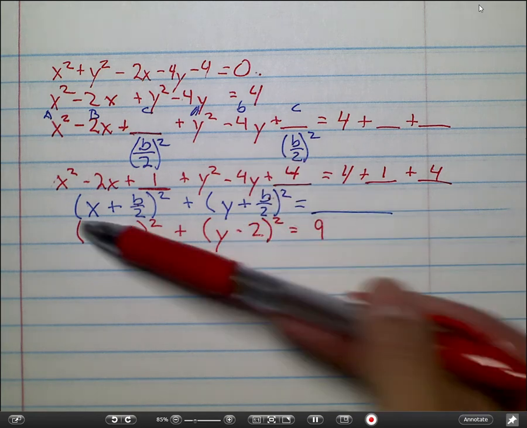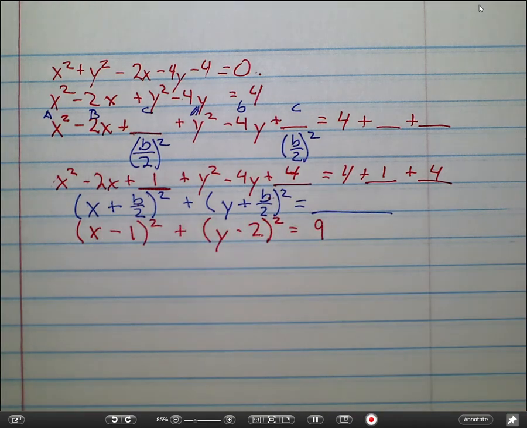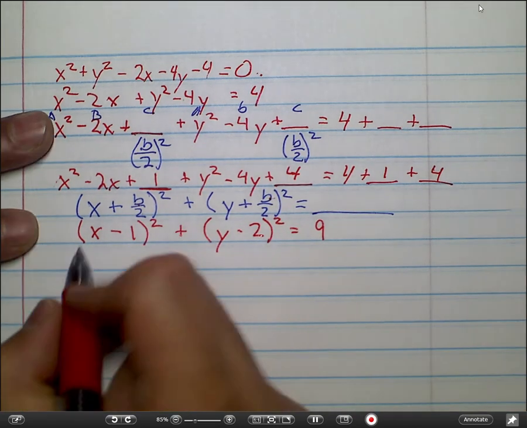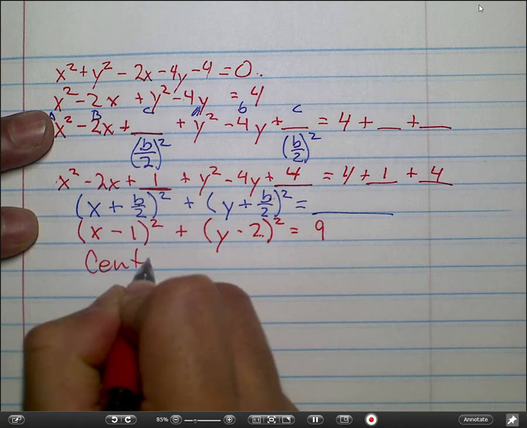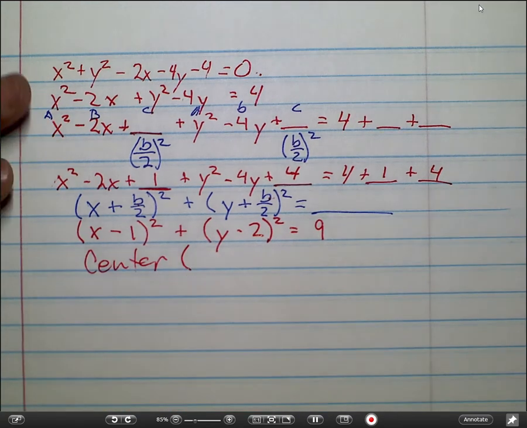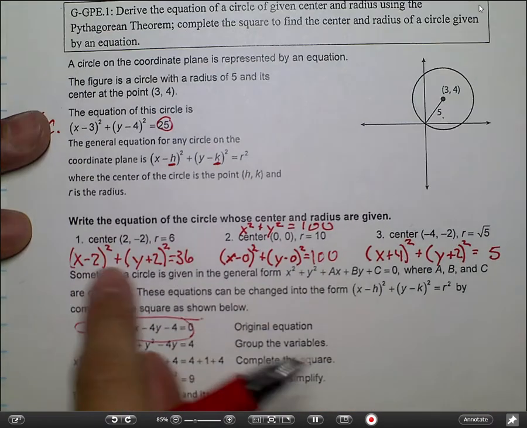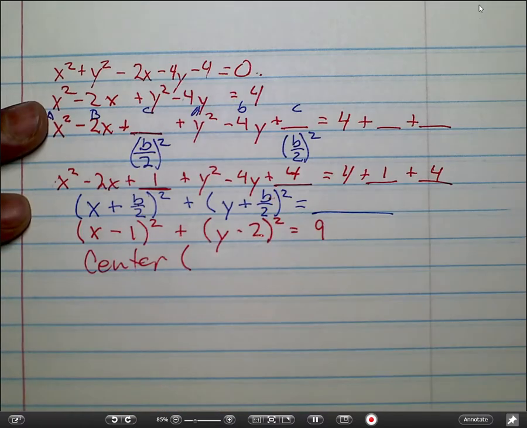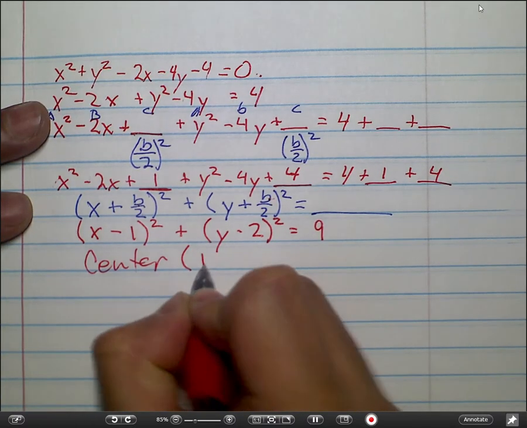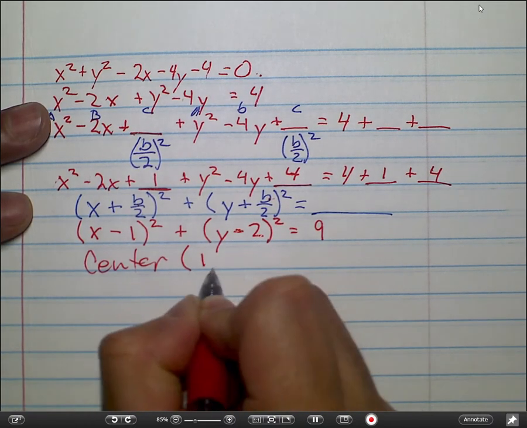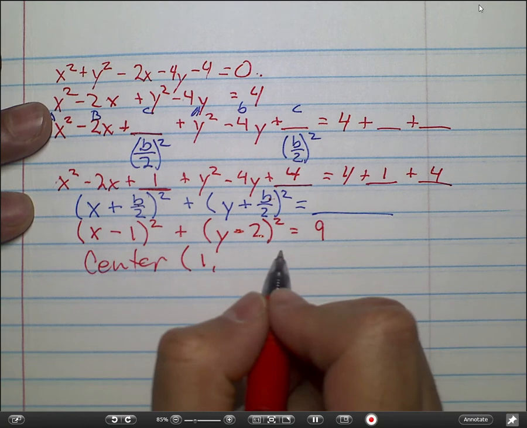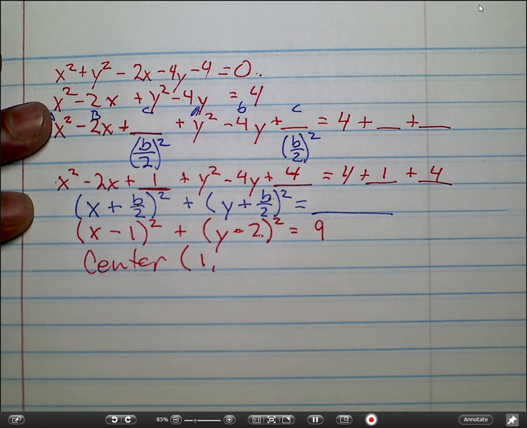Now, where is the center of my circle? Let's go back and look at these right here: 1, negative 2. So it's going to be what? It's not negative 2.